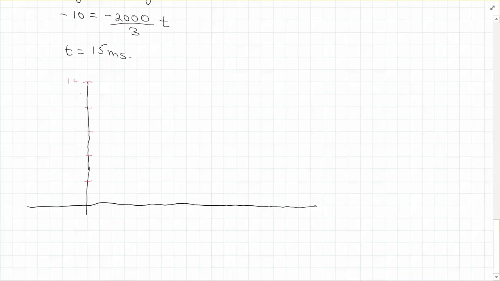Actually, these should be negative 10s here. So I'll do 2 graphs. Here, let me just shorten this one down a little bit. I didn't need this one as tall. So this will be my Vn. And it's just a constant 4 volts.